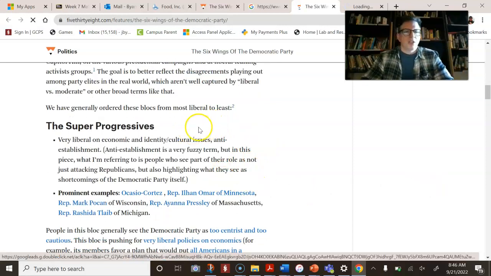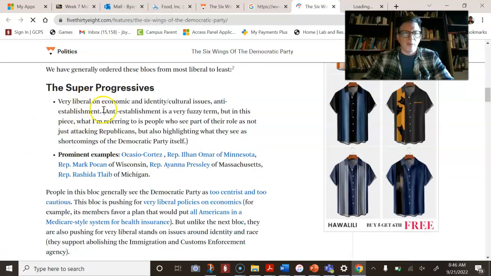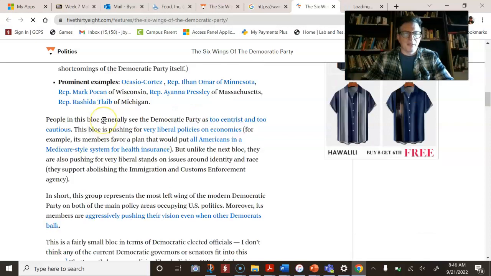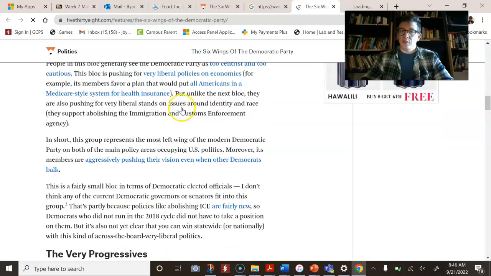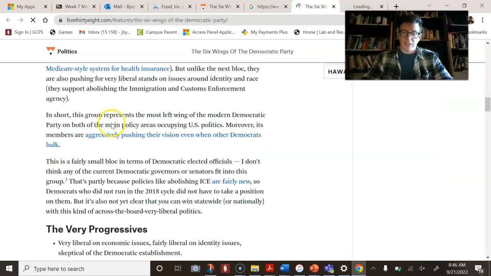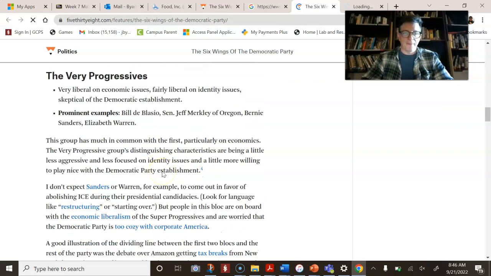Okay, so there's like super progressives inside the Democratic Party. They're very liberal on economic and identity cultural issues, anti-establishment. All right. They're the very progressives. They're not super progressive, but they're very progressive. Very liberal on economic issues, fairly liberal on identity issues, skeptical of the Democratic establishment. Okay.